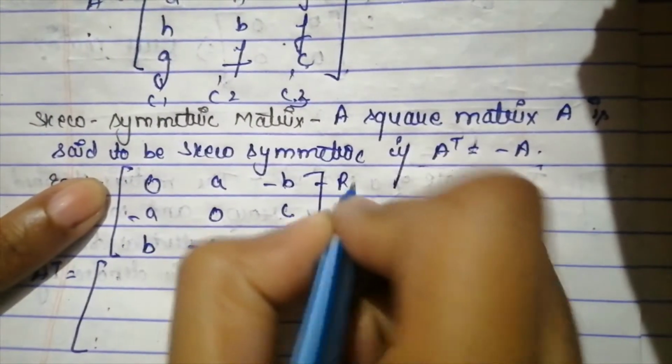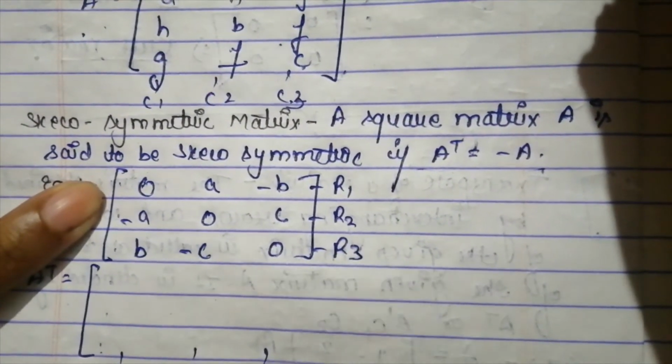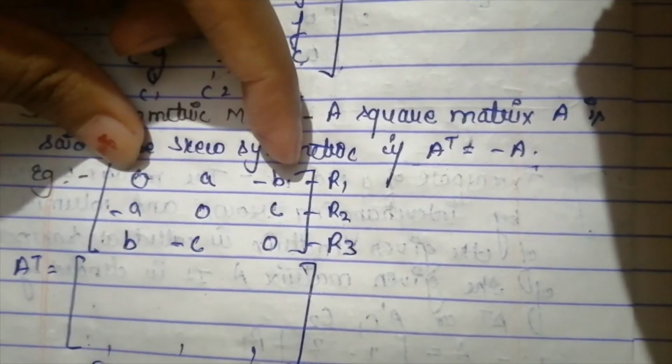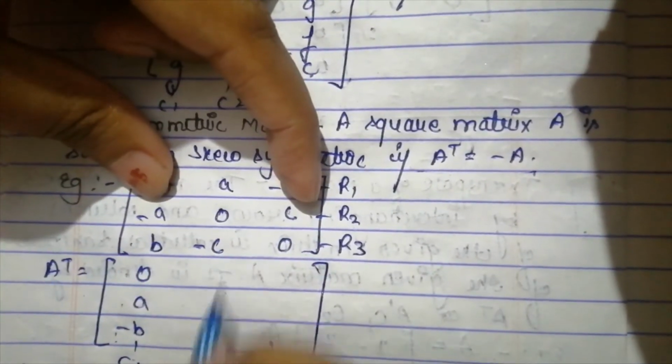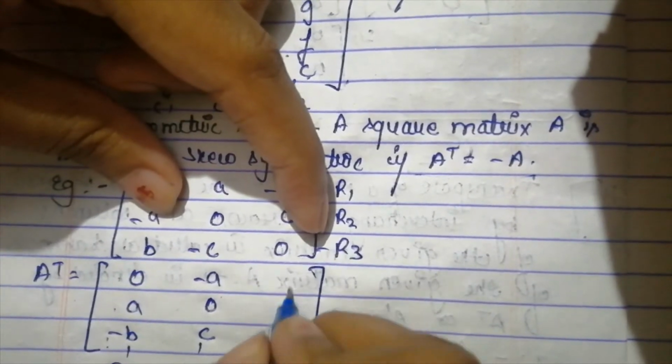So column 1, column 2 and column 3. The row 1 will now be our column 1: 0, A, minus B. Row 2 will be our column 2 and row 3 will be our column 3.